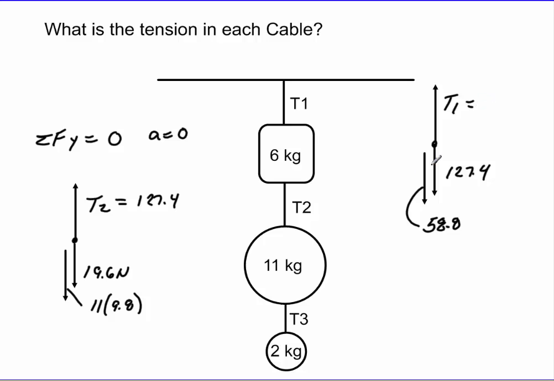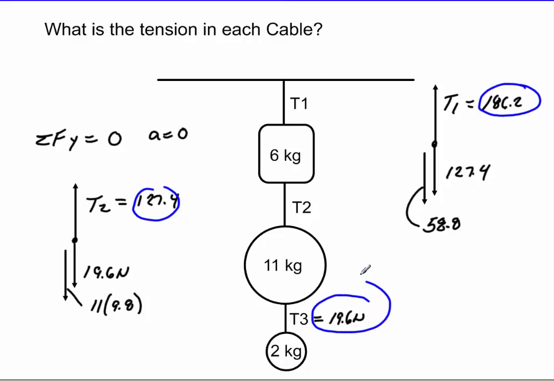Okay, 186.2, right? Yeah, 127.4. So we got the values, right? This one, and then again T3 was just 19.6, right? Basically, you work the problem backwards. Good to go with that.